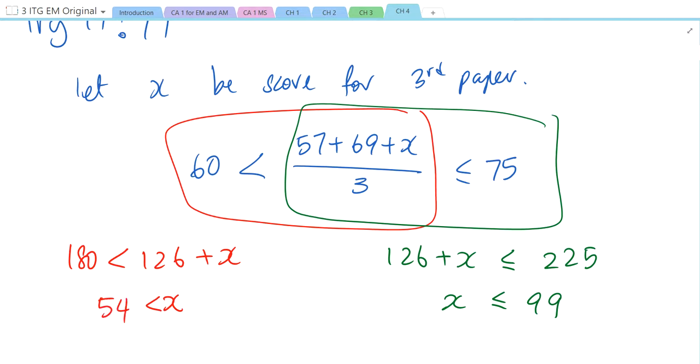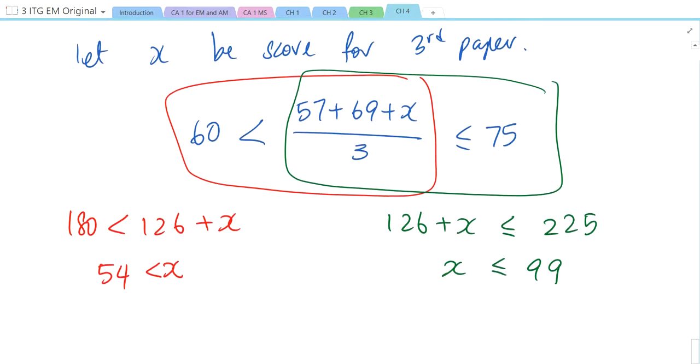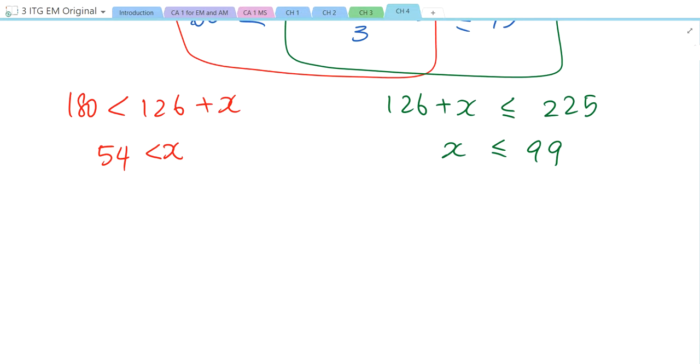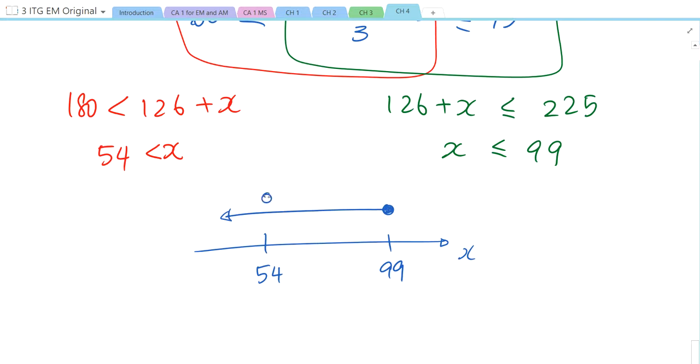So we combine them. x less than or equal to 99, greater than 54.